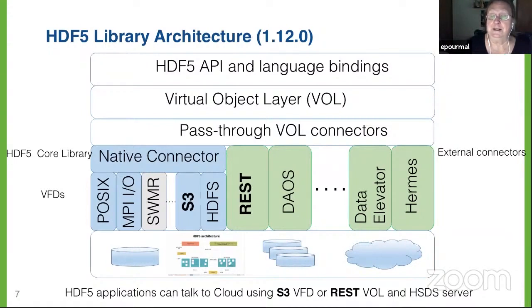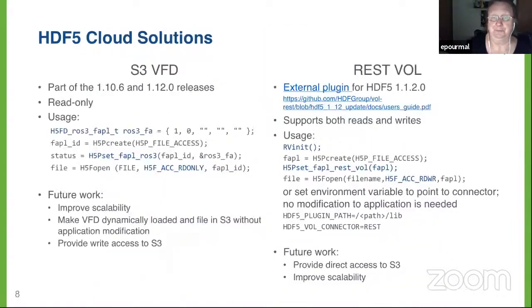So a VOL connector can organize data in any way that is more beneficial and more performant on the storage versus the original HDF5 file format. So now we have those two very flexible mechanisms to access data that an HDF5 application puts into storage.